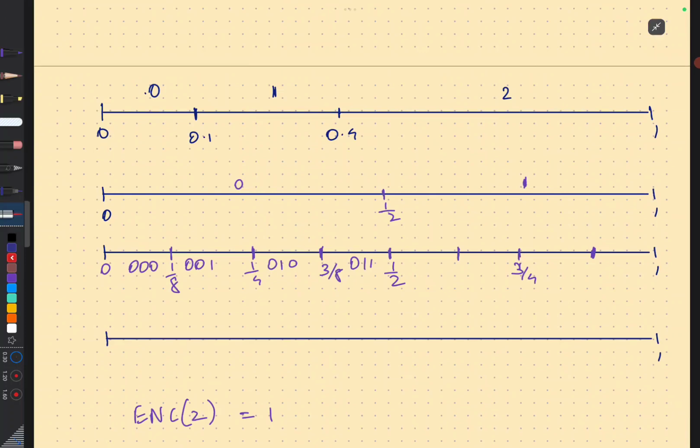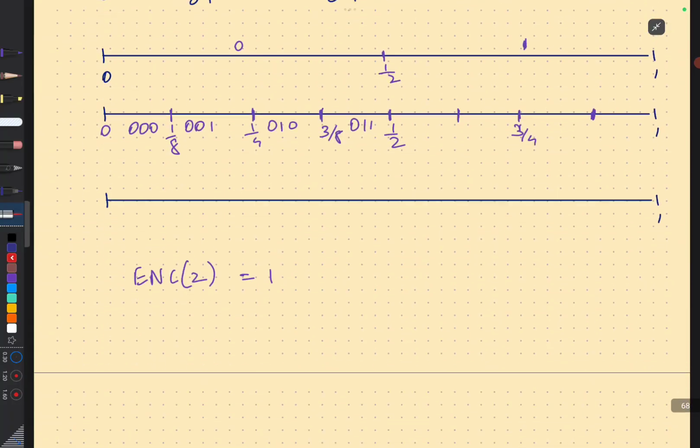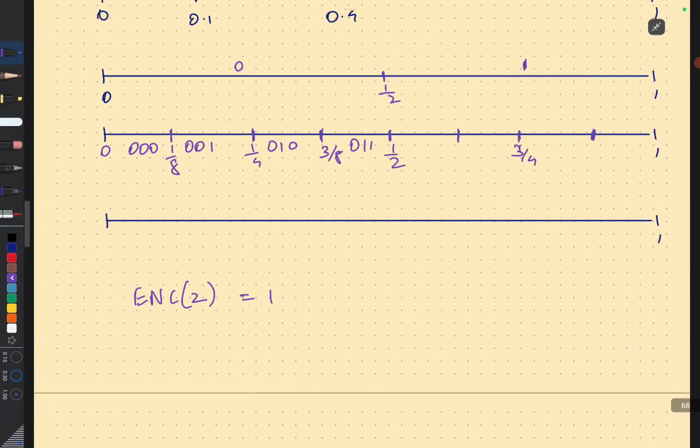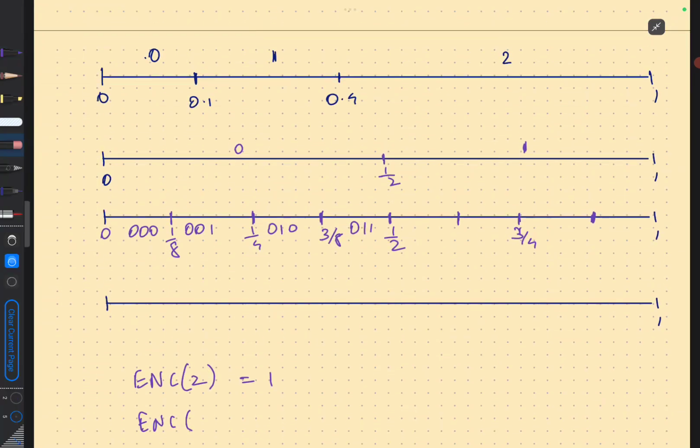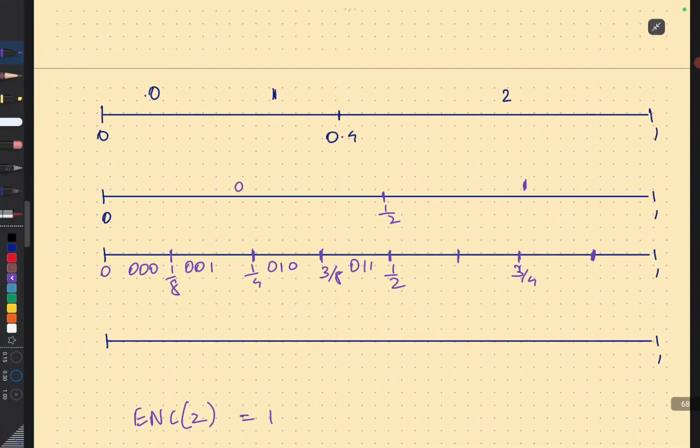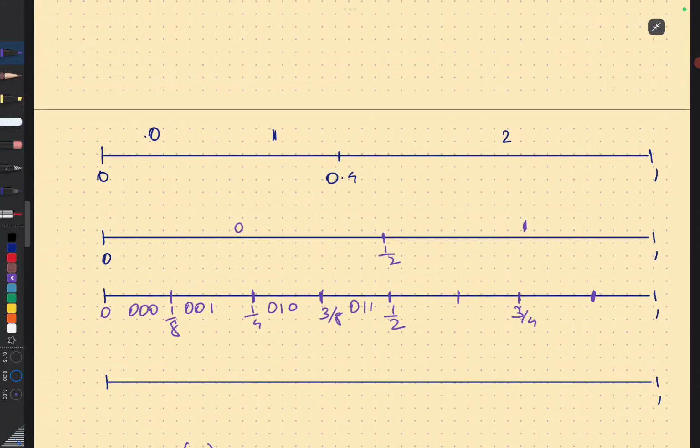I guess it was not to scale, but that's okay. If there are 2 subintervals, then you declare one of them. I think this should have been somewhere over here.